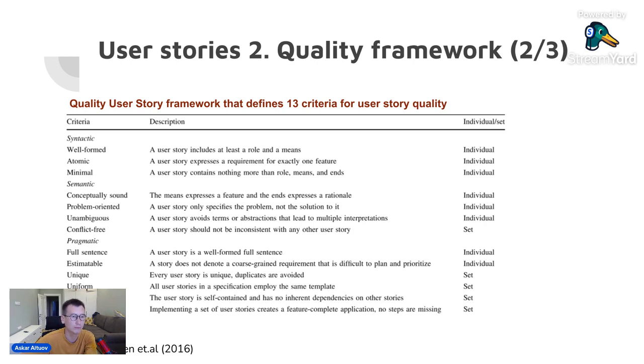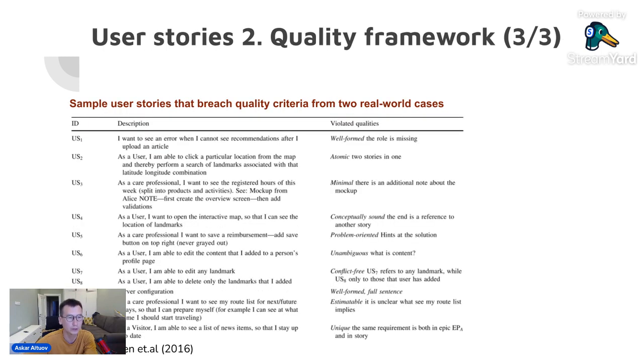We see from the table, well-formed means a user story includes at least one role, and one means a kind of method. Let's look again. I want to see an error. They only write I want. Who is I? I am a farmer, or I am a manager, I am a banker. So we need to put this.